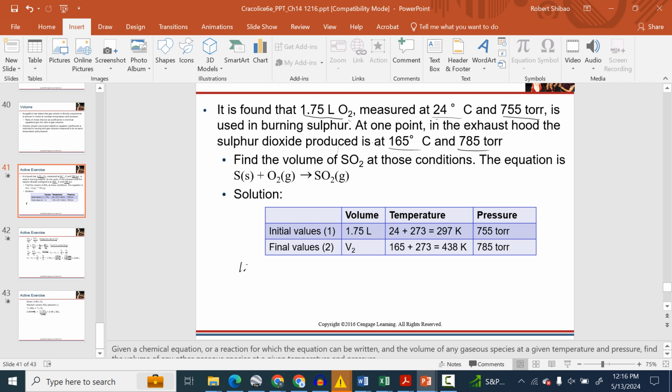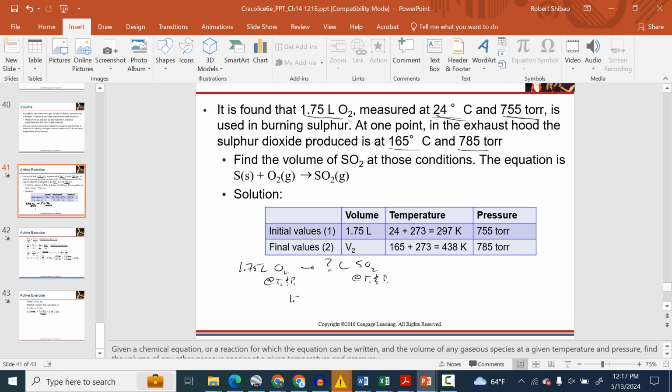Okay, so what they're doing here is they're going like this. 1.75 liters of O2 should produce how many liters of SO2? Now, we have T1 and P1. So what we're going to do is we're going to make this at T1 and P1. If the temperature and pressure do not change, then we can use Avogadro's law.